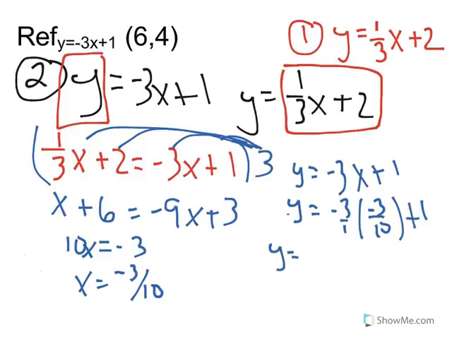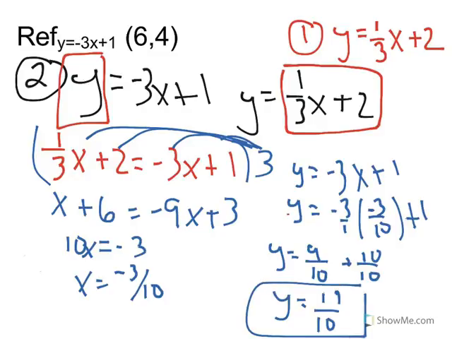So y equals positive 9 over 10, and then I'm going to change my 1 to 10 over 10 to be able to add my fractions. So y equals 19 over 10. That's the coordinate that those two lines will meet at, the solution to the system. And that's our step 2.